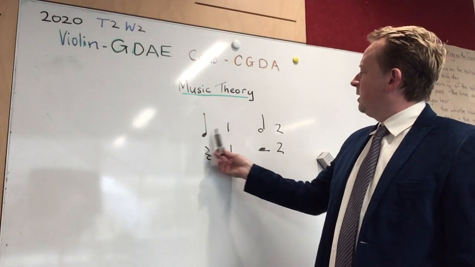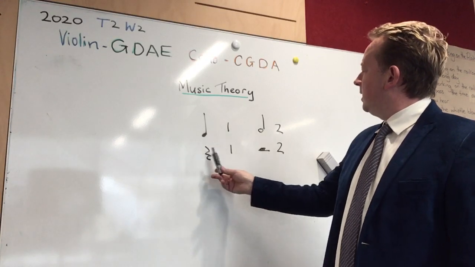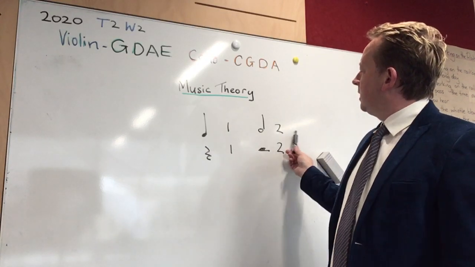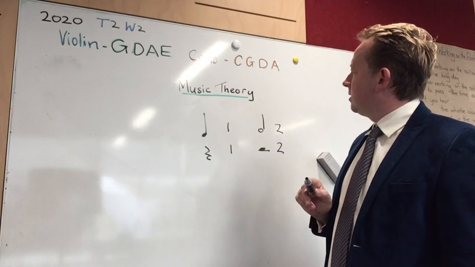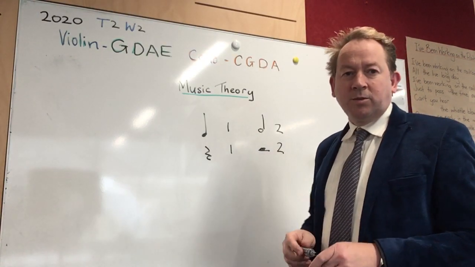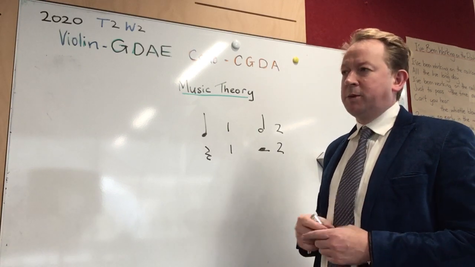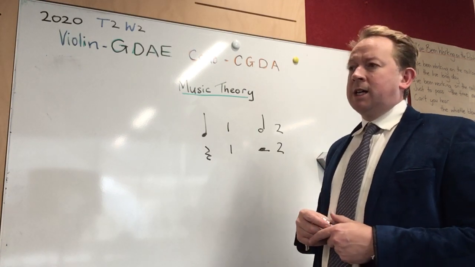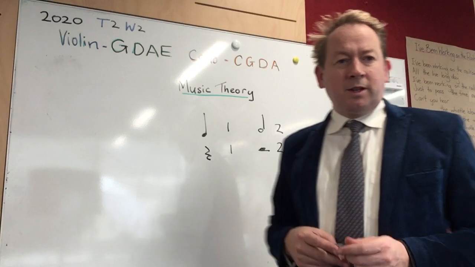What's the difference between the top line and the bottom line? The top line, these 2 are notes, so they sound, and these 2 are rests. And rests are really important in music, just as much as notes.